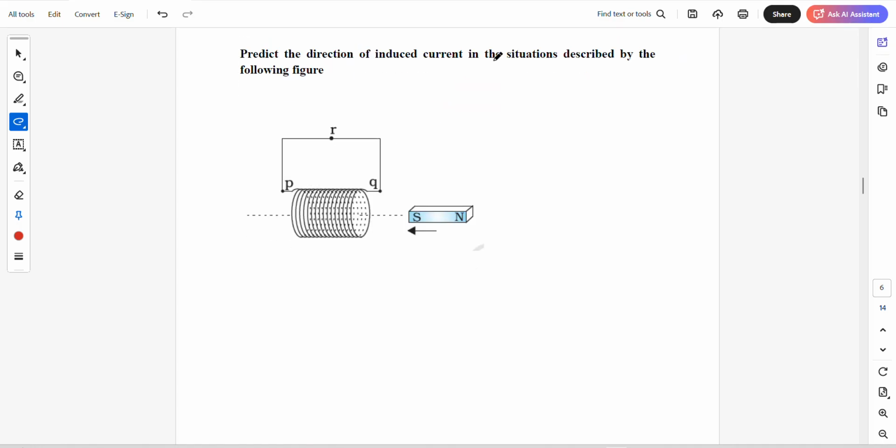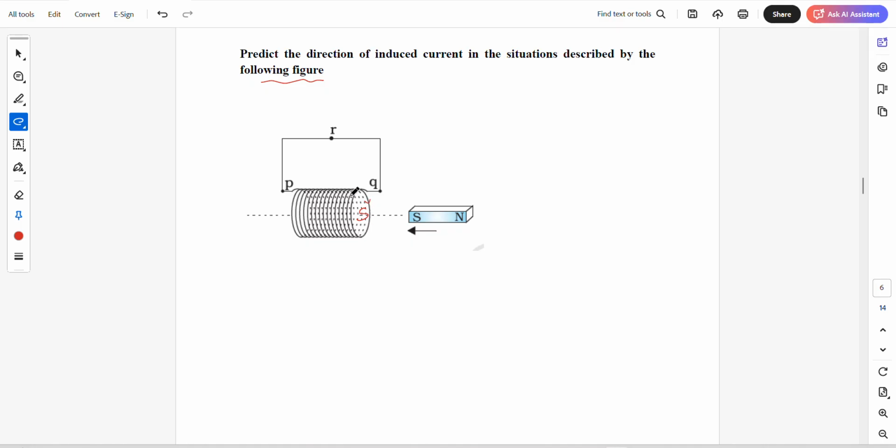Predict the direction of induced current in the situation described by the following figure. If you bring the south pole here, this is the south pole. Now to make you very clear, when it is the south pole, what will happen? It will be clockwise like this.